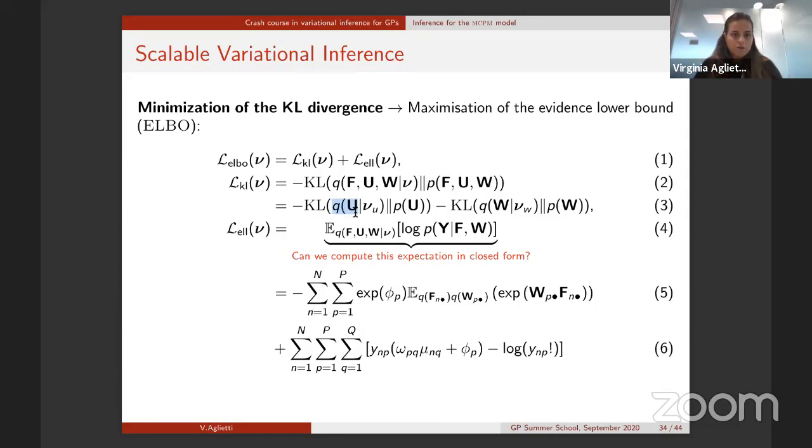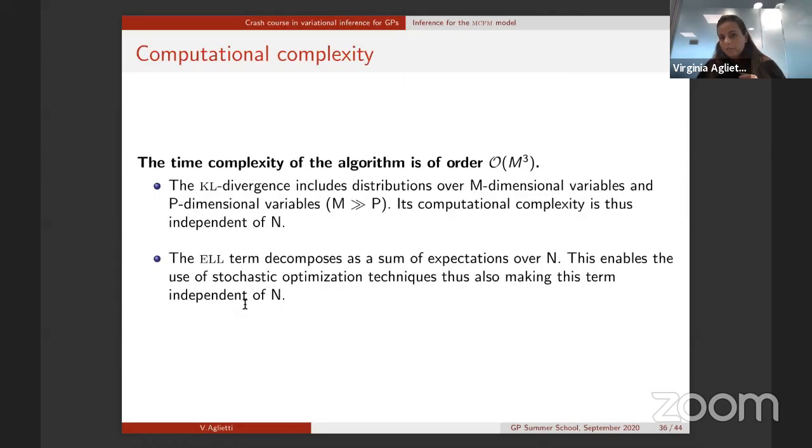So this distribution Q of U is M-dimensional, same for P of U, and Q of W is of P dimension, but generally P, the number of tasks, is smaller than M. So we get rid of the N-dimensional distributions, and the expected log likelihood term factorizes in terms of N. So we can use stochastic optimization techniques to get rid of the dependencies also in the expected log likelihood term. So overall, the complexity of the algorithm is of order M cubed, which is pretty good.